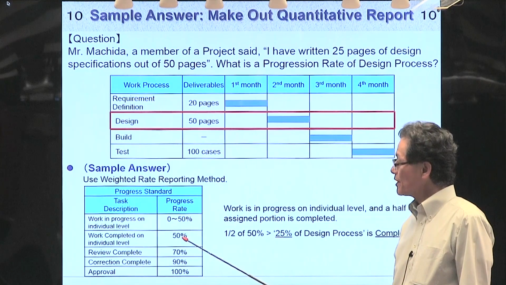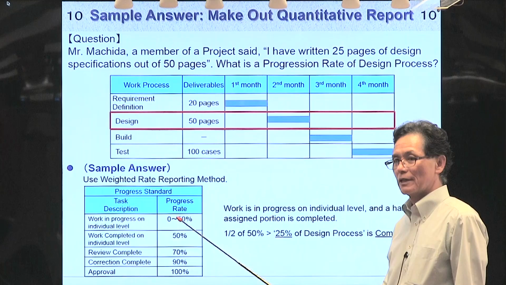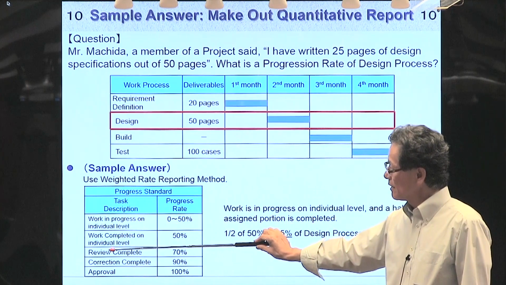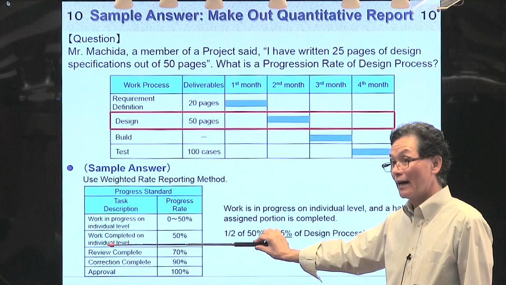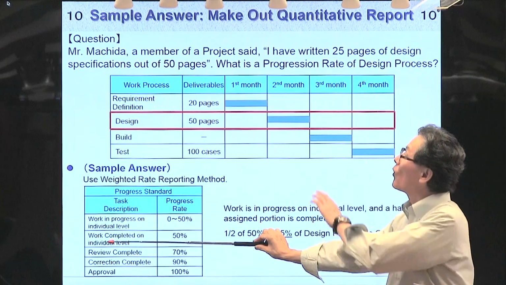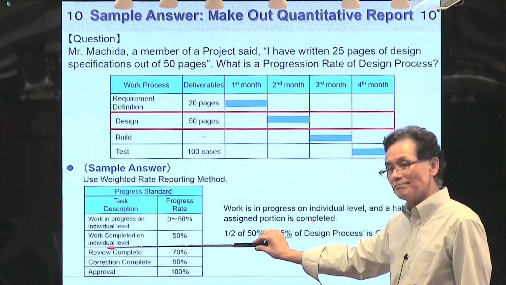So within 50, half is done, that's 25. Oh, so it is multiplied by the weight. Yes, 50% multiplied by 50%.